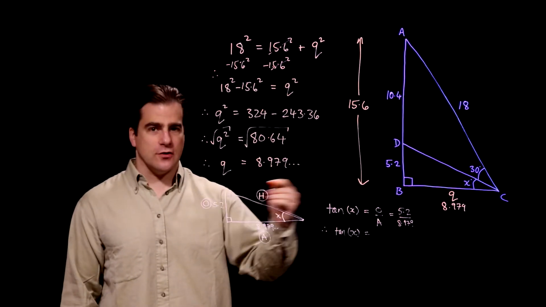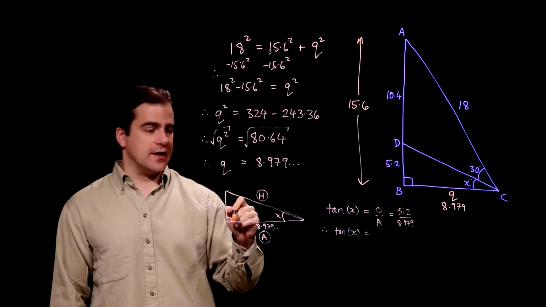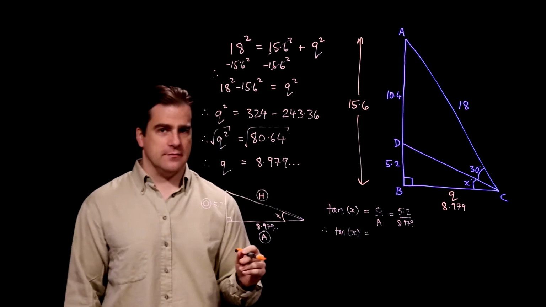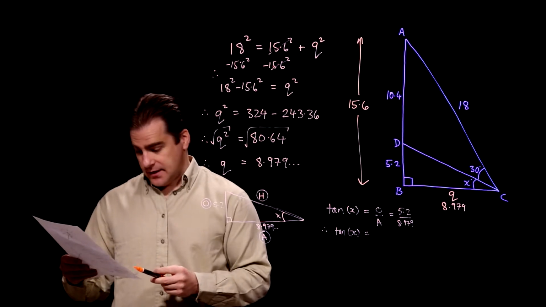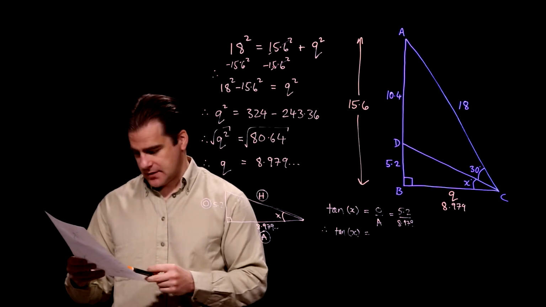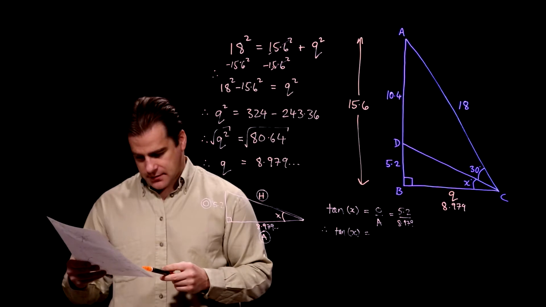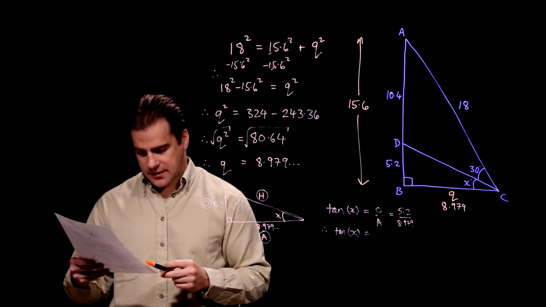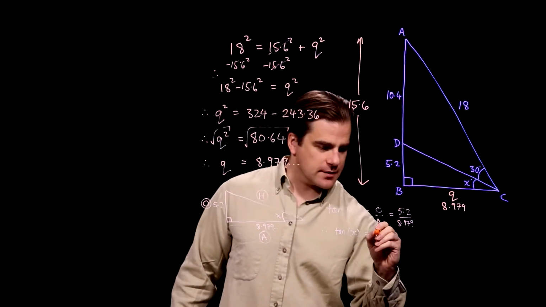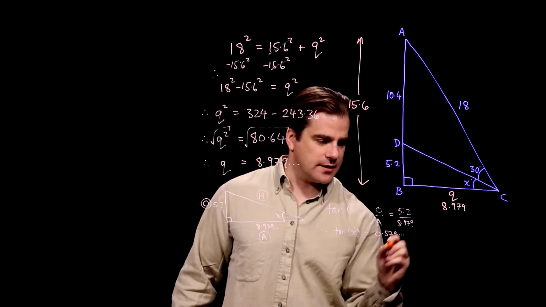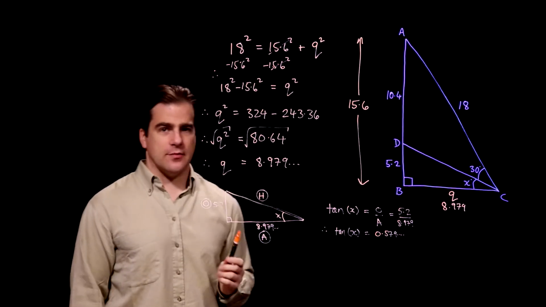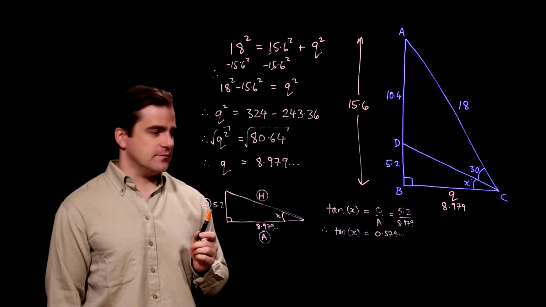And remember, you're going to use your memory recall on your calculator to get that whole number, to get the calculation exactly right. It is 0.579 something. Again, get that number in your calculator's memory.